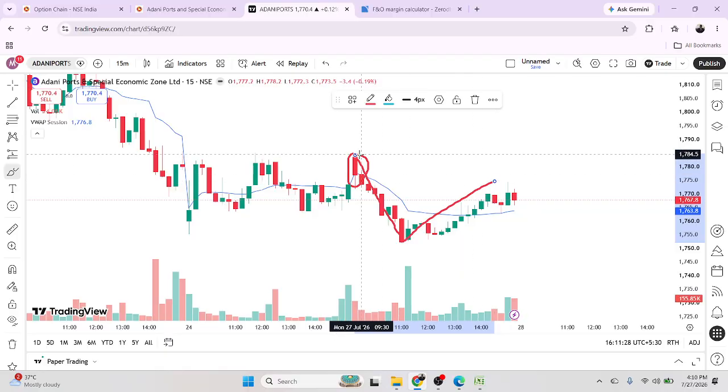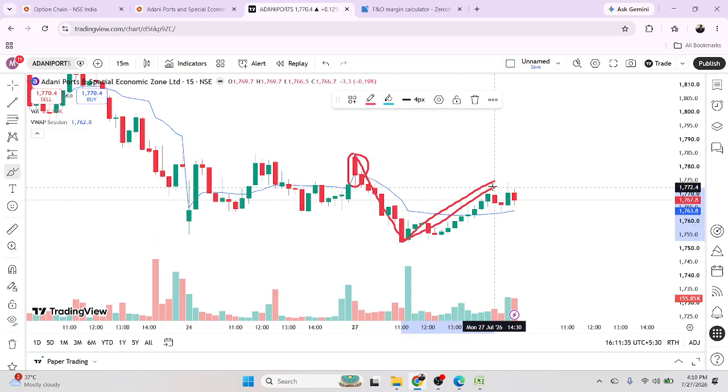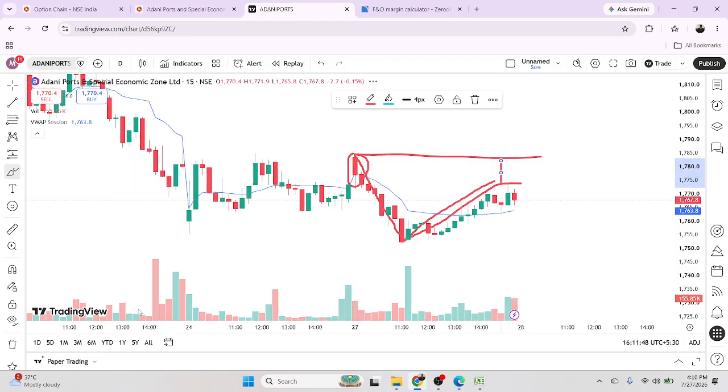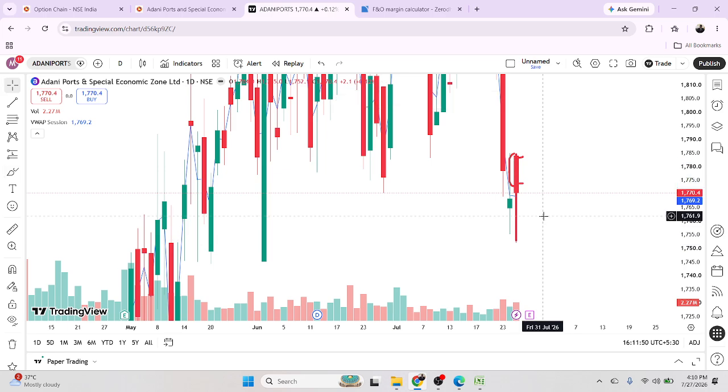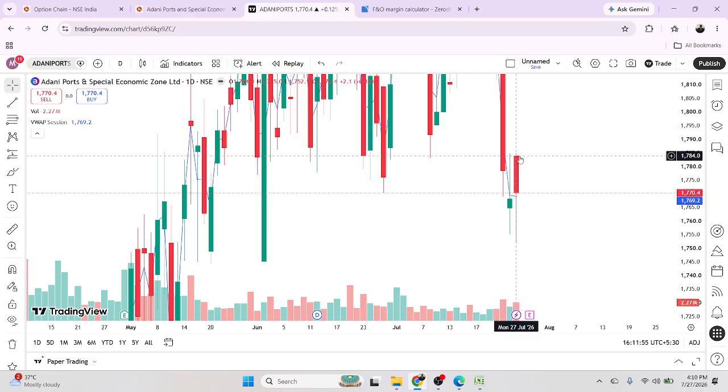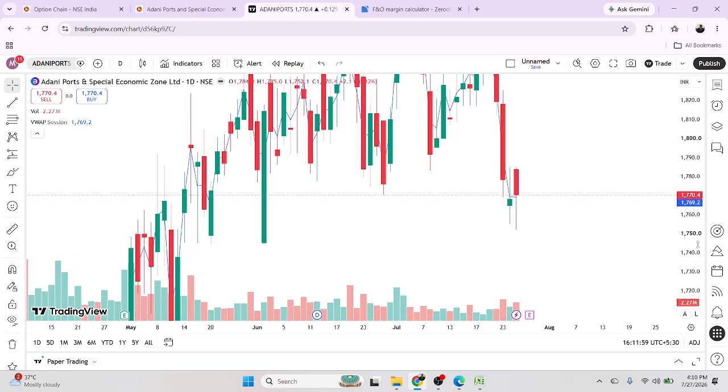So the market went down, but before the market close, it recovered and closed near the opening, so there is not much difference between the opening and the closing price. If you observe the daily candle, this is the open price and this is the closing price.